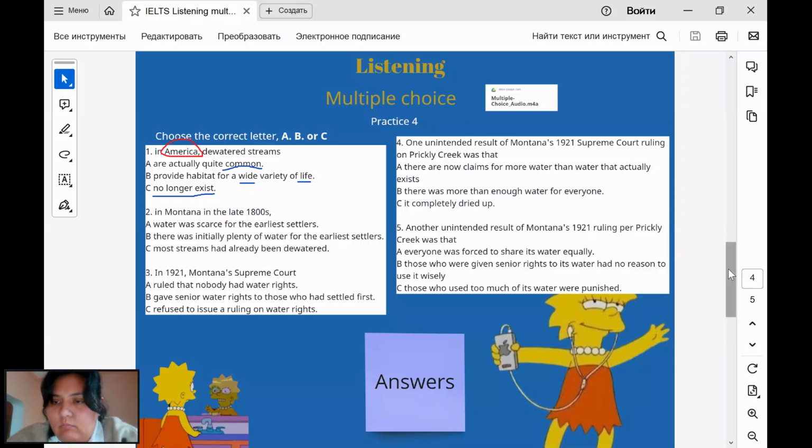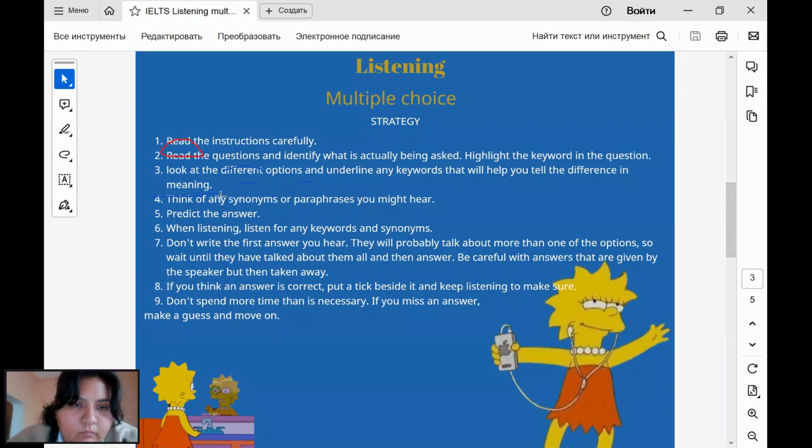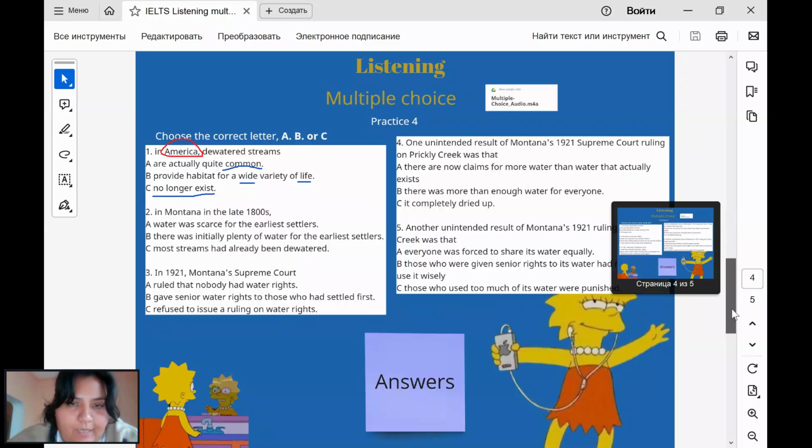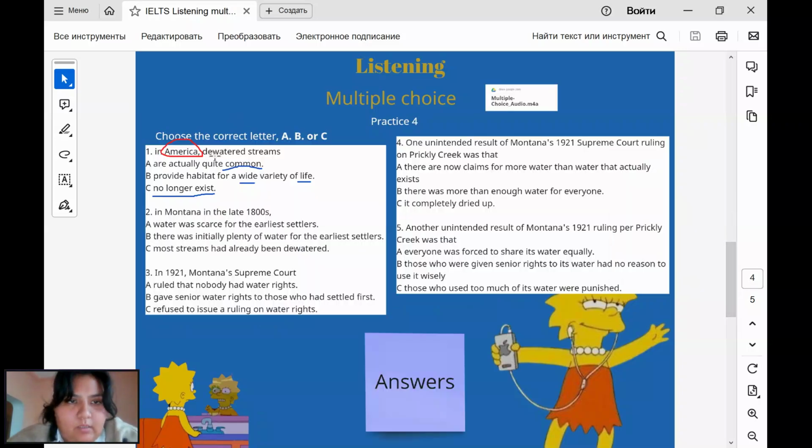Next one is predict the answer. Let's go into predicting that. How do you think? Dewatered means that in the streams, in the small rivers, there is no water anymore. It is just a hollow place. So, how do you think?